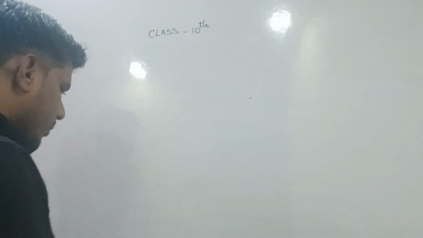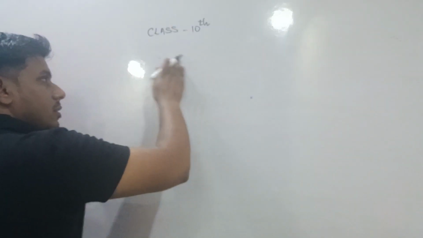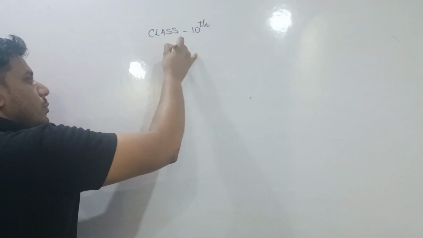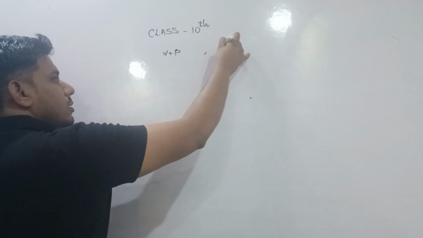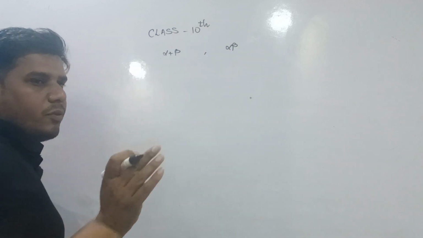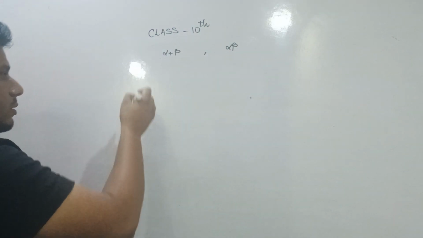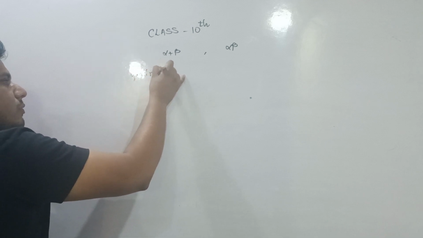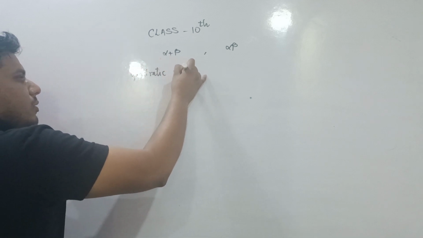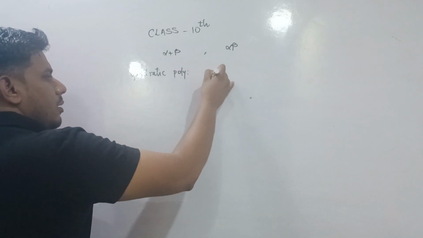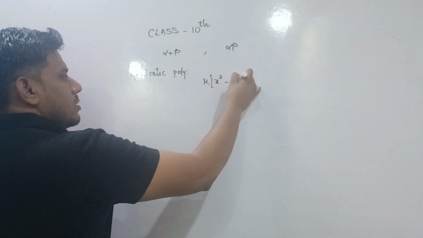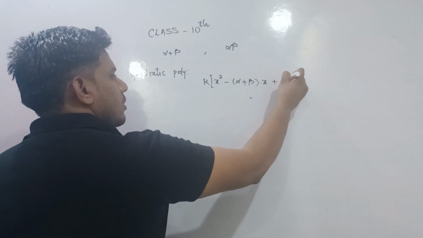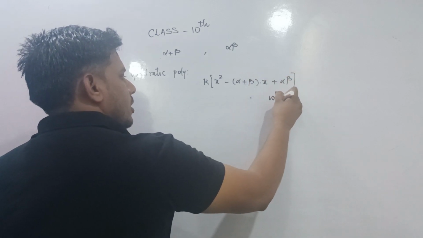So here, if the sum of zeros and product of zeros are both given, then we have a formula for the quadratic polynomial. The quadratic polynomial can be found as k bracket x square minus sum of zeros into x plus product of zeros, where k is any constant.